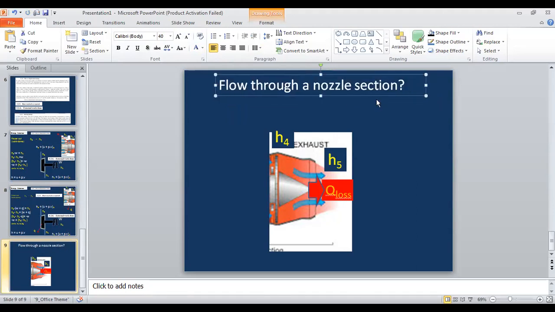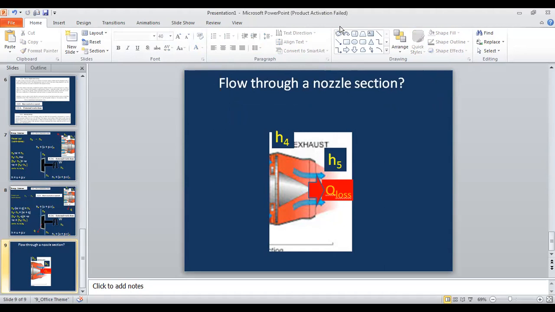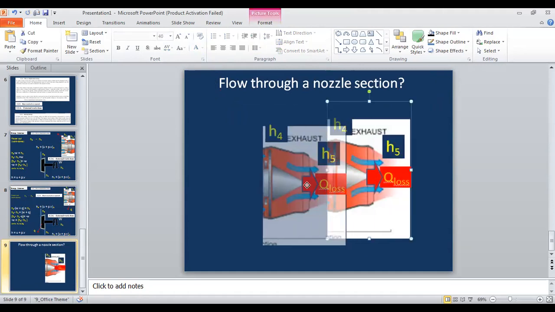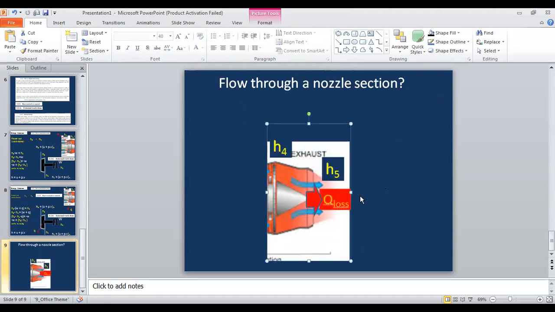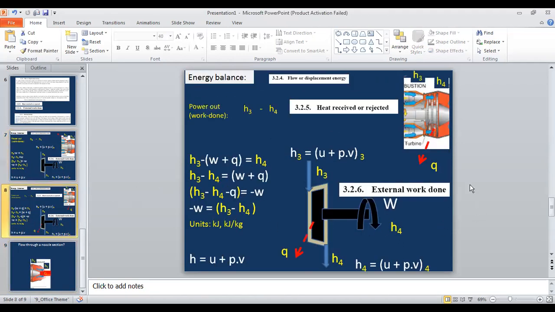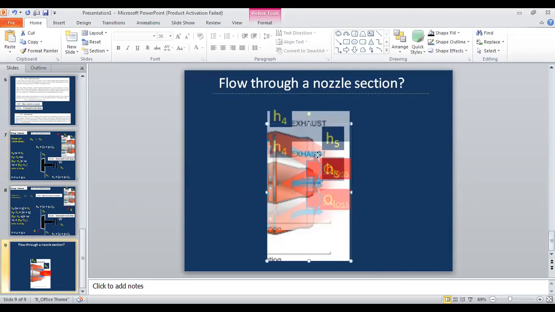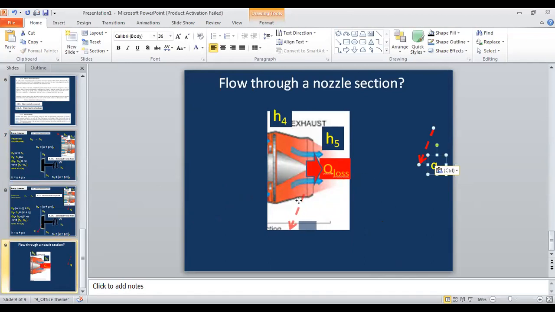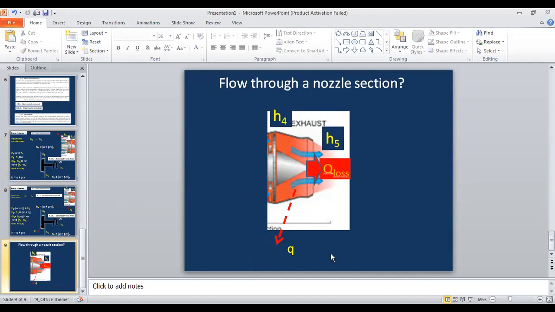Attention, very important. Your effort to understand this is also very important. Your imagination is very important. You may have Q here from the surface. Also, you may have a Q component. But you may have, you may not have.